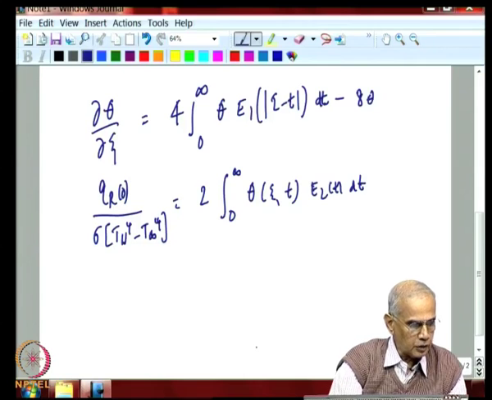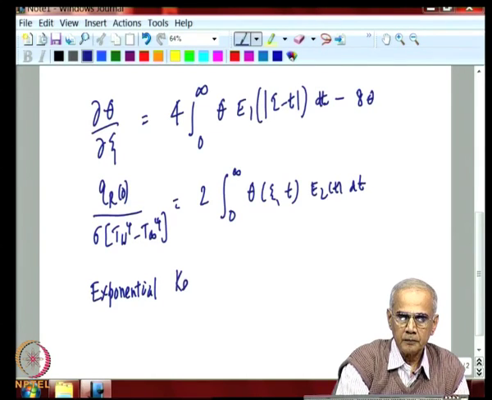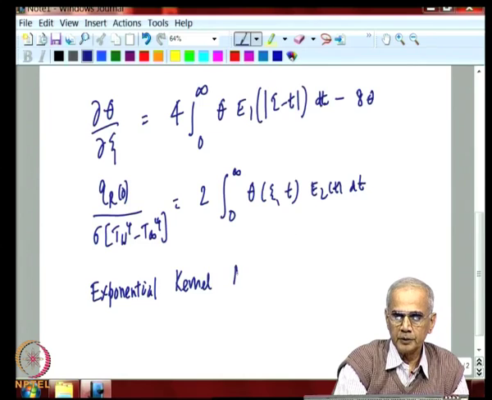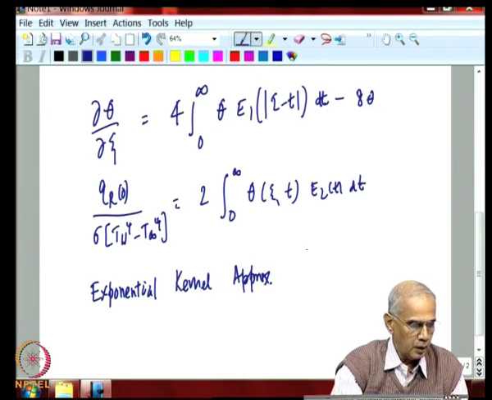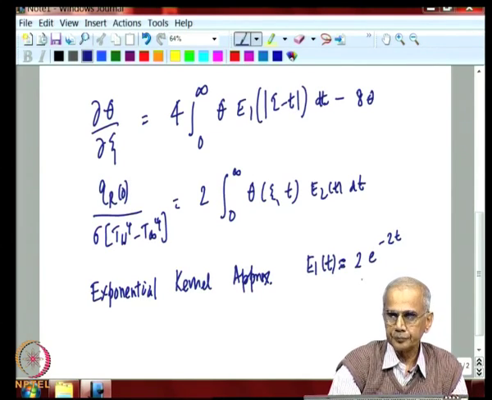Now, the standard way to solve this problem is what we had already discussed earlier, the exponential kernel approximation. In this case, we will take a slightly different form than what we used earlier. E1 of t is assumed to be 2 e to the minus 2t, and E2 of t is e to the minus 2t.